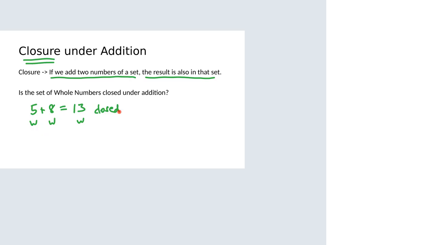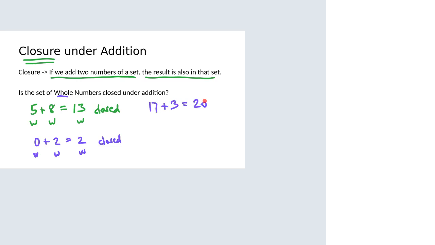Let's see. Whole numbers have a 0 in them, so maybe I should try 0. How about 0 plus 2? That would be 2, and that's whole number plus whole number equals whole number. Yeah, that's closed. And what if I do 17 plus 3? Yeah, that's whole number plus whole number is whole number. You know what?